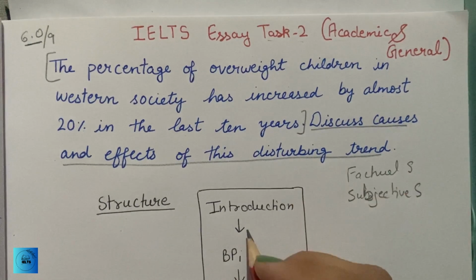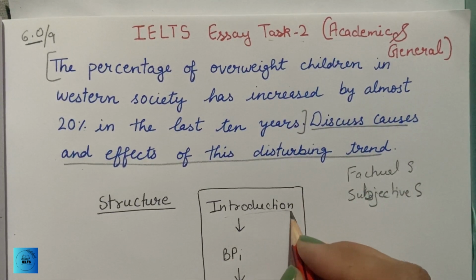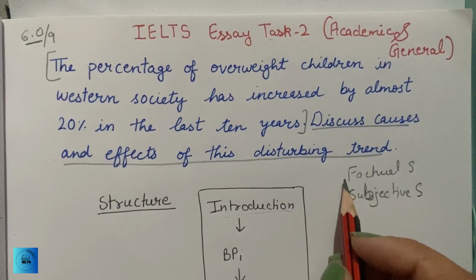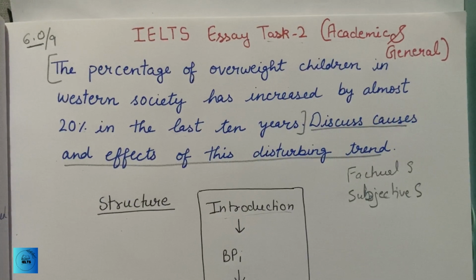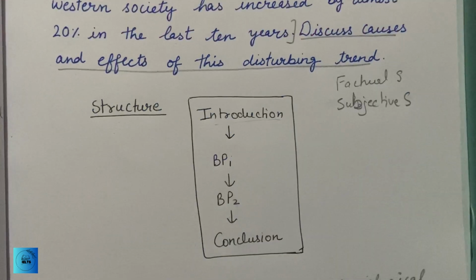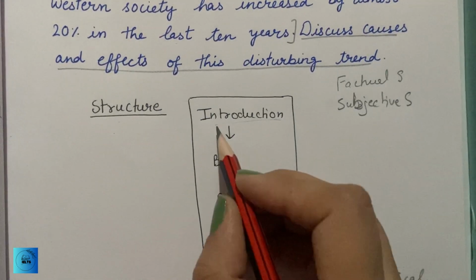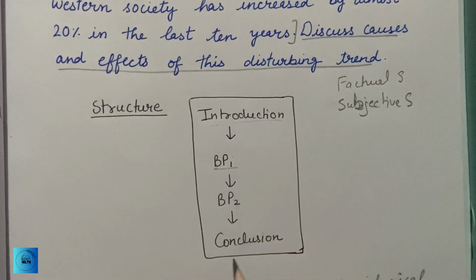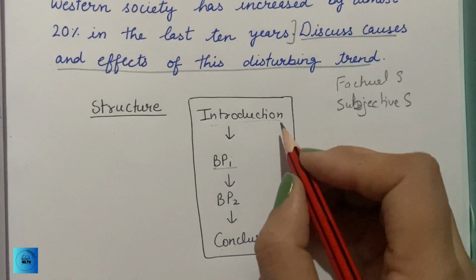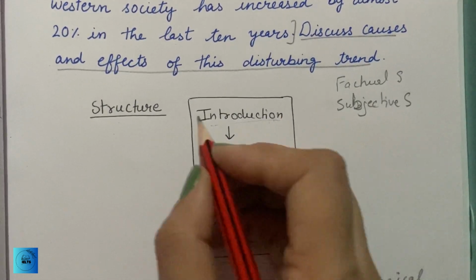So in the introduction we have to do, let's first discuss the structure of IELTS task 2. The structure will include introduction, body paragraph 1 and body paragraph 2, and then conclusion. In the introduction we have to do 3 things.